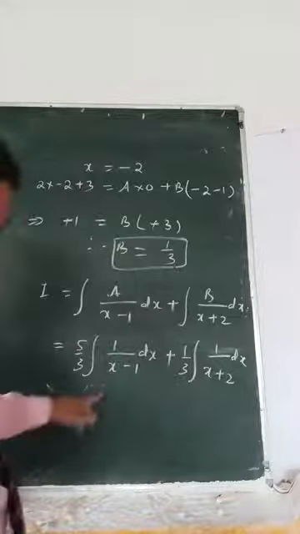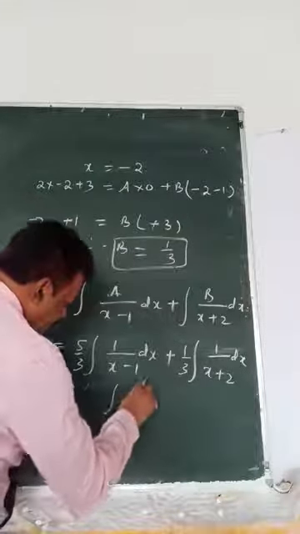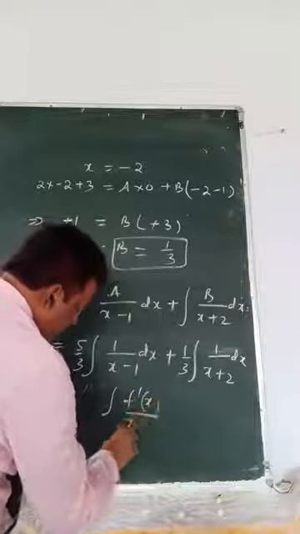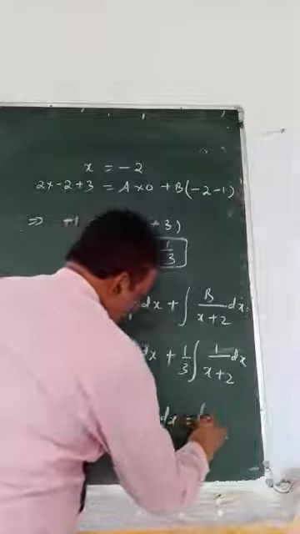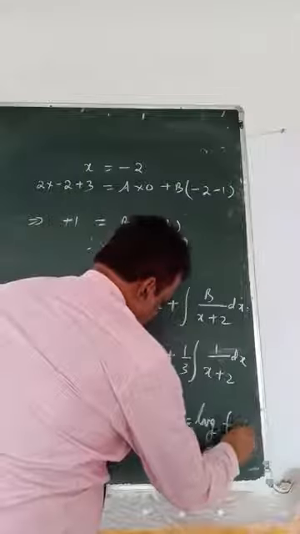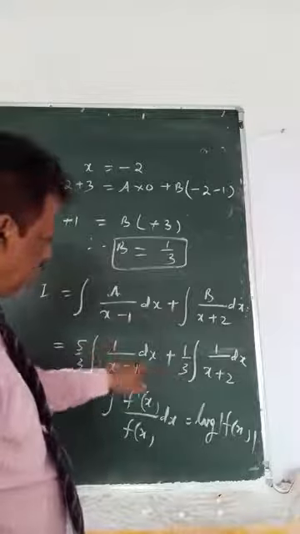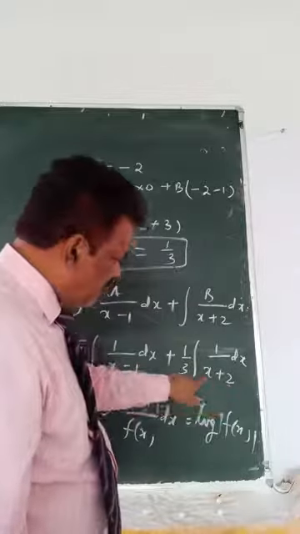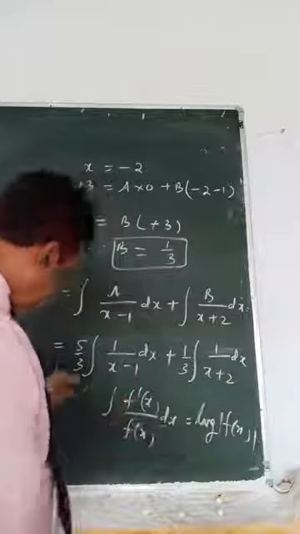Okay, now how to integrate this? Look at the formula I have given you: the integral of f'(x)/f(x) is log f(x), because the derivative of x - 1 is 1, which is here, and the derivative of x + 2 is 1 + 0, which is 1, also here.